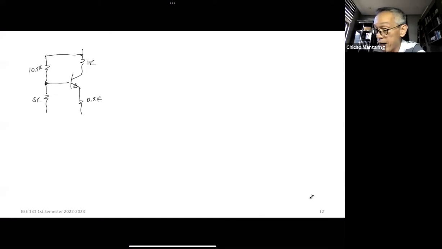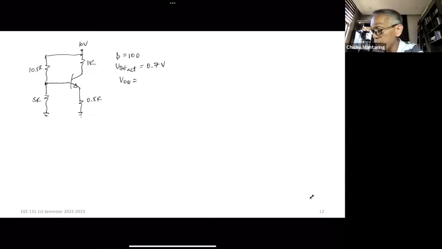And then I have 5K here. And then 10 volts here. No? So remember that beta is equal to 100, VBE active is equal to 0.7 volts, and VOQ is equal to 5 volts. This is the desired.